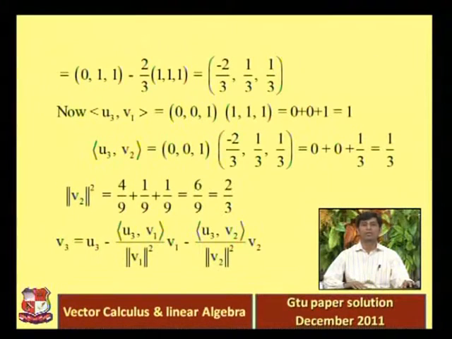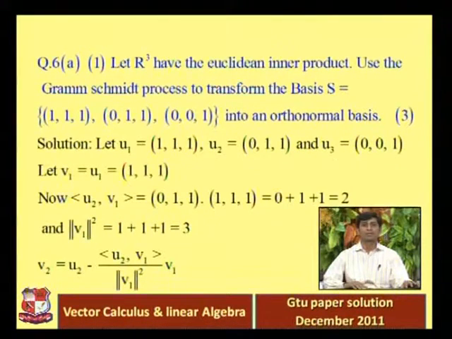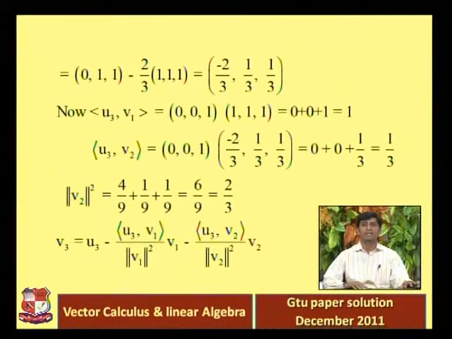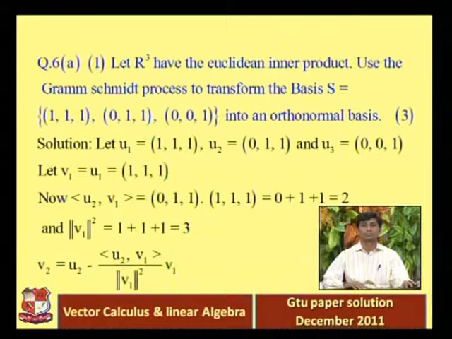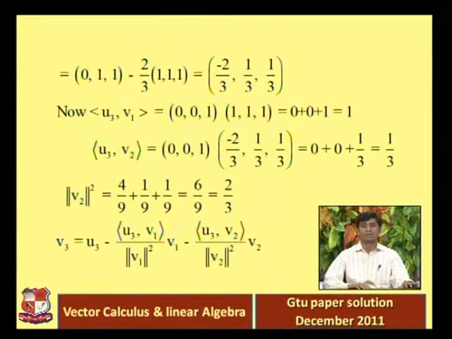U2 is (0, 1, 1), minus inner product U2 V1, which is 2, upon norm V1 square, which is 3. So 2 by 3 into V1, that is 2 by 3 into (1, 1, 1). So 0 minus 2 by 3, that is minus 2 by 3; 1 minus 2 by 3, that is 1 by 3; and 1 minus 2 by 3, that is 1 by 3. So V2 is (minus 2 by 3, 1 by 3, 1 by 3).